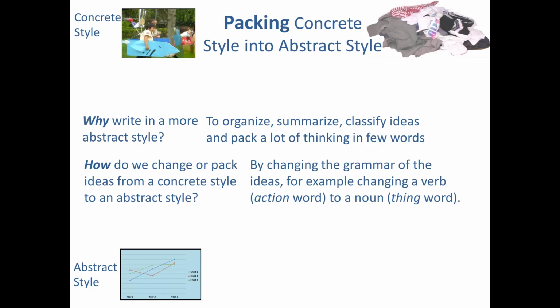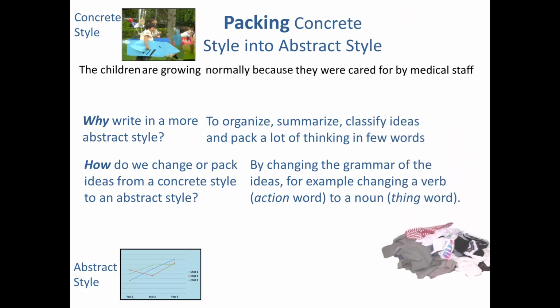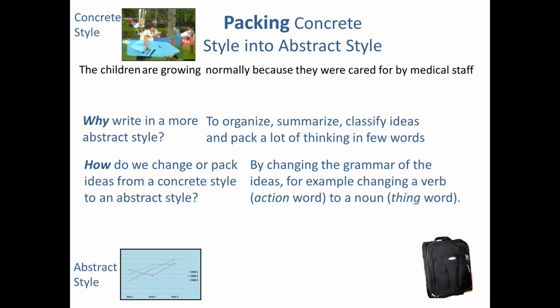For example, changing a verb, which is an action word, to a noun, which is a thing word. So we'll show you some examples of how this works, of how we pack ideas. And there we had growing is now a noun, growth. So before it was a verb, now it's a noun.